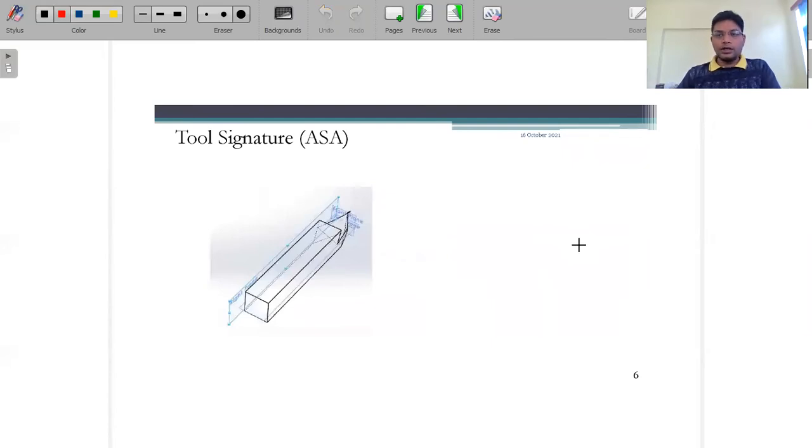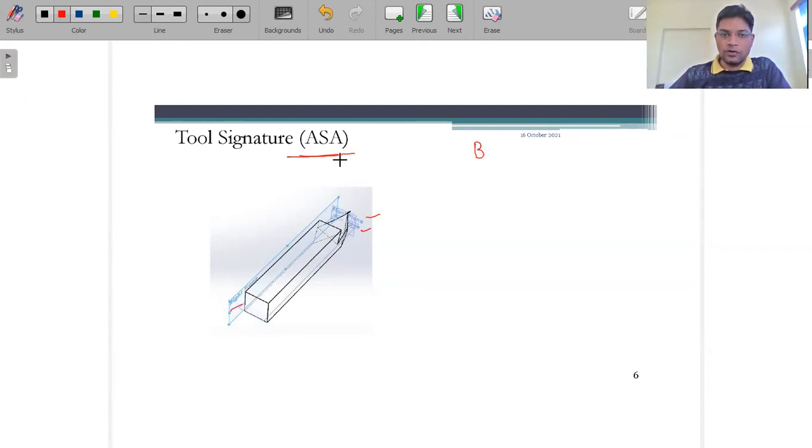Now when we talk about the ASA system, this is also a SolidWorks image. I just want to show you the ASA, that is, what angles we use there. In SolidWorks, the planes are called the top plane, front plane, and right plane, but here we are not using this terminology.